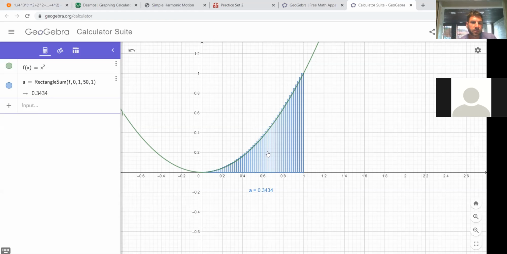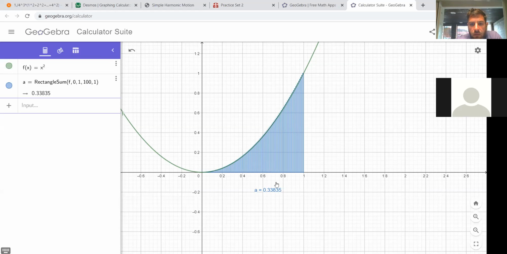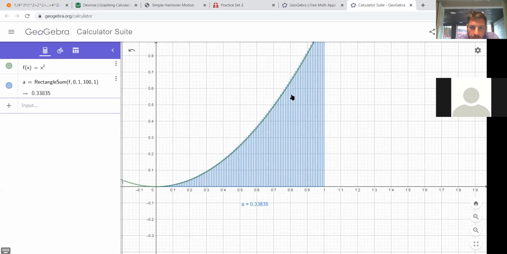Now, if I go from 50 to 100, once again the blur is starting to almost insinuate that we're no longer using rectangles, but are just shading in this curved region. Of course, if I zoom in a little bit, I start to see my rectangles pop up again.